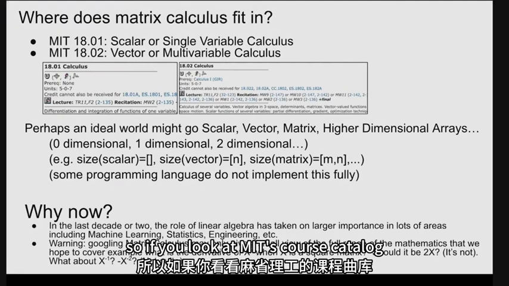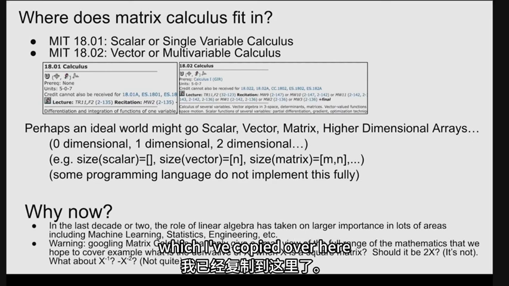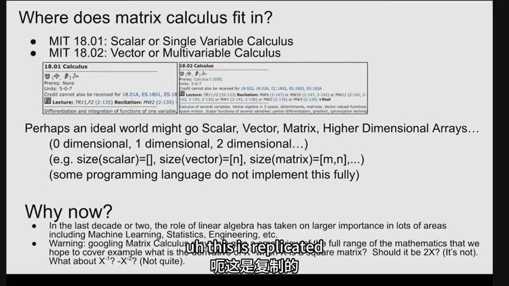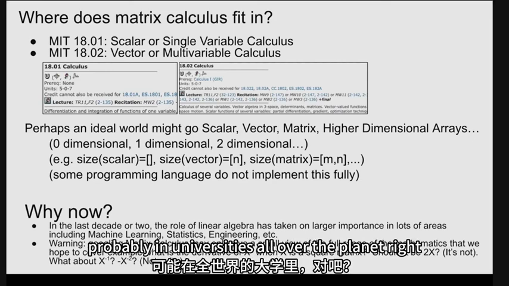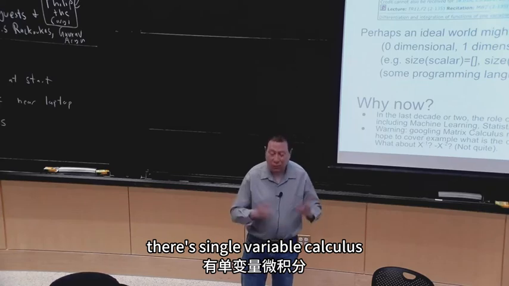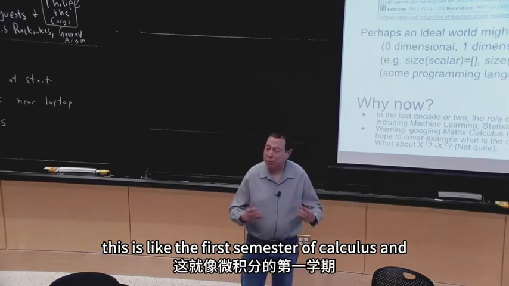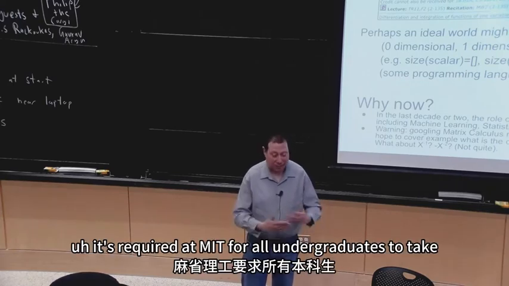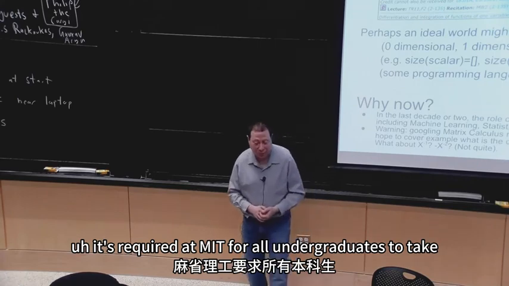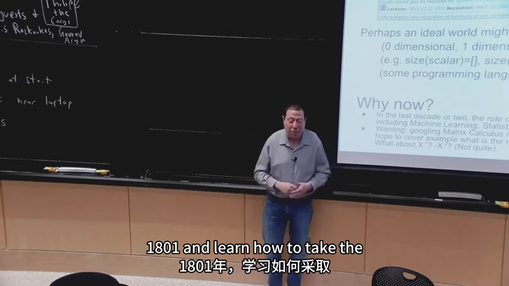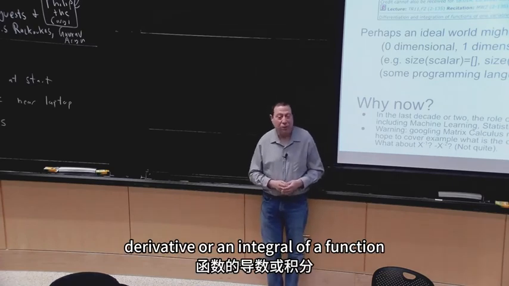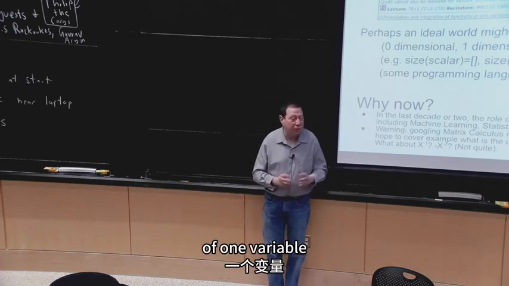If you look at MIT's course catalog, which I've copied over here, this is replicated probably in universities all over the planet. There's single variable calculus, the first semester of calculus, and it's required at MIT for all undergraduates to take 1801 and learn how to take the derivative or an integral of a function of one variable.